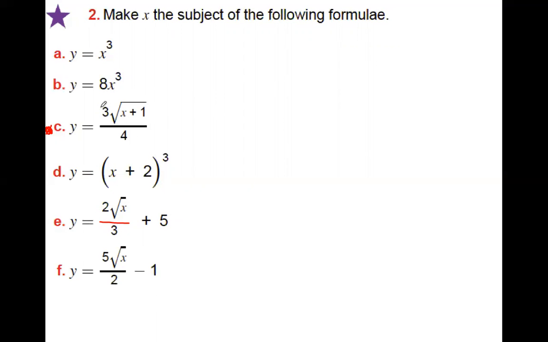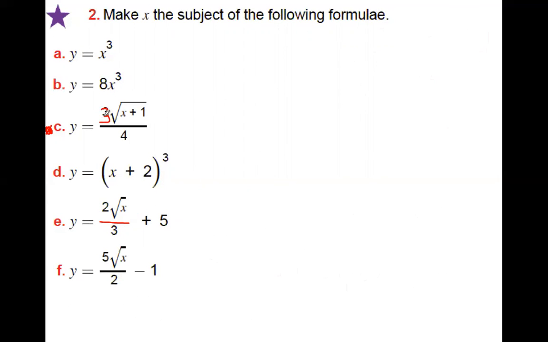Okay, so if I was to write it properly, this is how I would have written this. The 3 should be right up to that same level at the base of the root here. Because you can see how a 3 put a bit too high up can confuse you and you think this is cube root. But no, it's 3 root X plus 1 divided by 4.